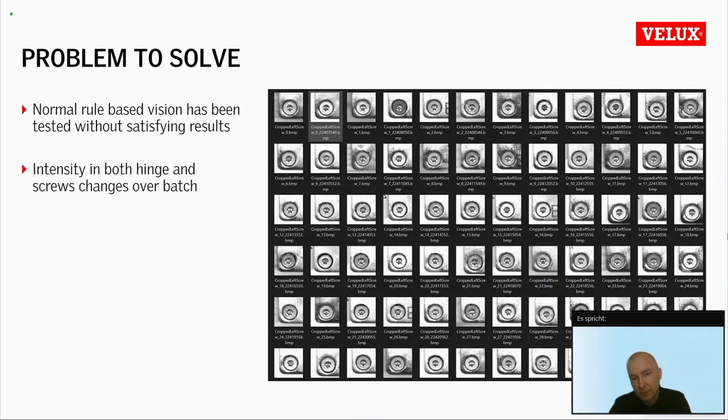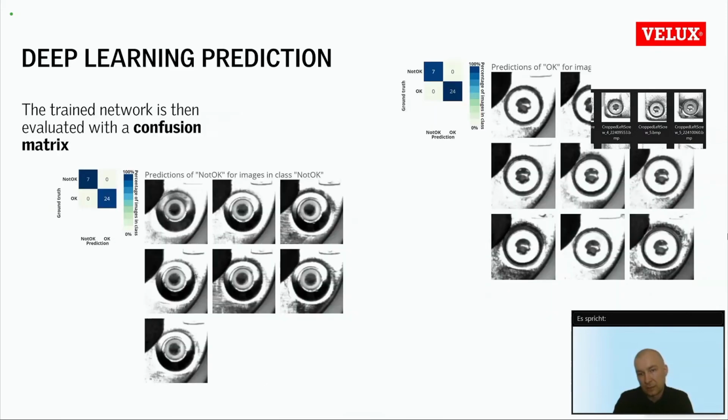And we spent a lot of time trying to solve this with rule-based vision. And by trying to train this on DStudio, we reduced that engineering time by a factor of 5. So 20% of the engineering time to get a good result.